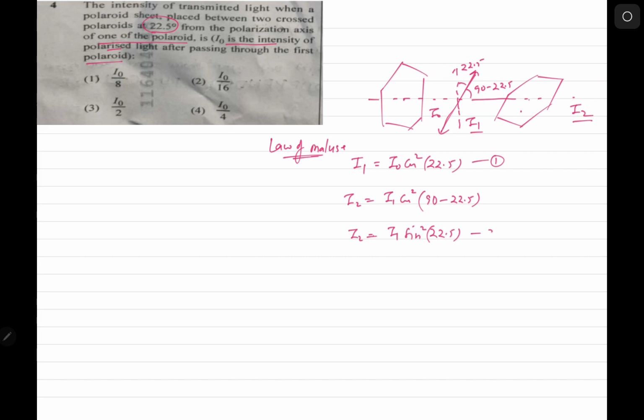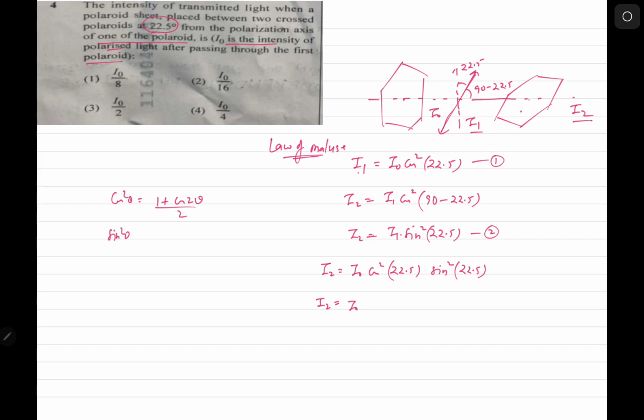Now we need to find I2, the final intensity. So we'll put the value of I1 here. Now we'll get I naught cos square 22.5 sine square 22.5. Here we'll apply the formula for the double angle relation. Cos square theta is 1 plus cos 2 theta by 2.